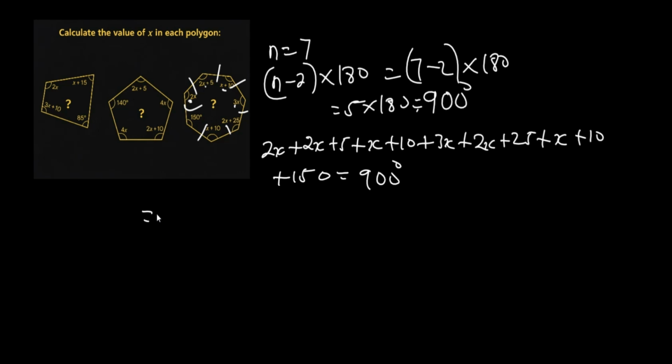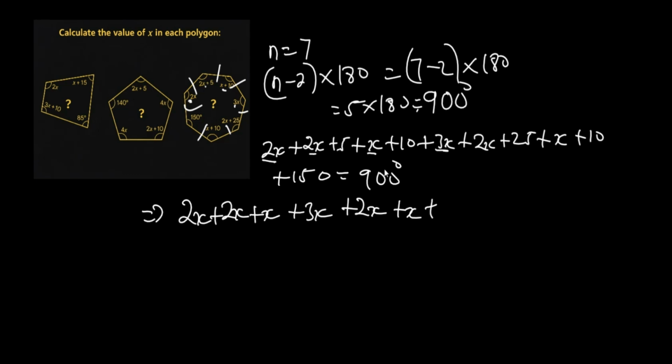Now let's group like terms. I have 2x and then another 2x, so 2x plus 2x. Here I have x over here, so x plus 3x, then another 2x plus x, and then the numbers are here.